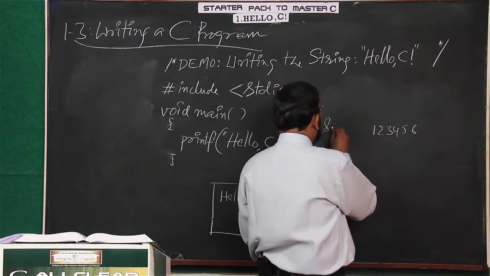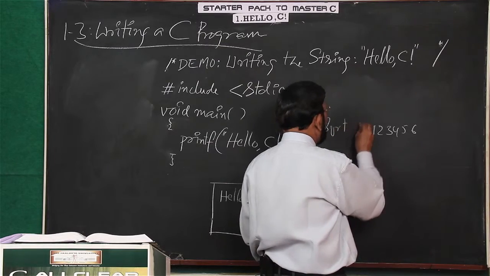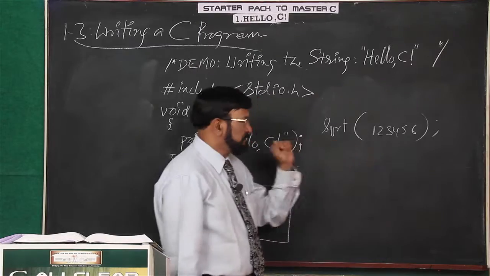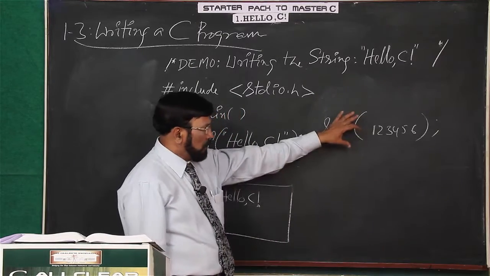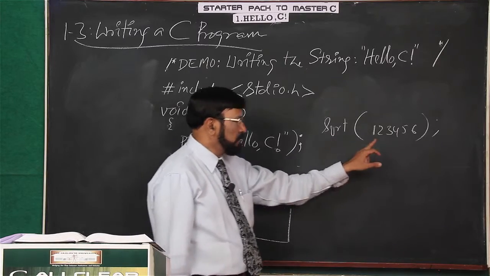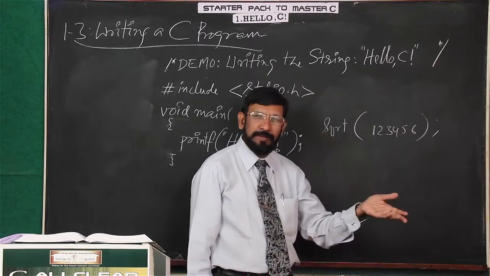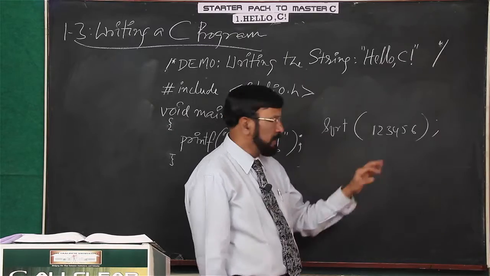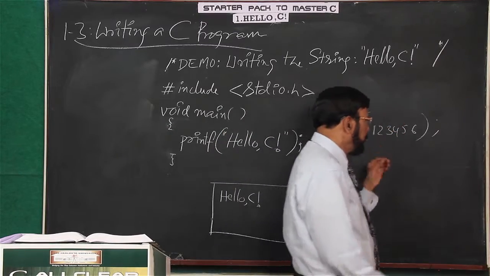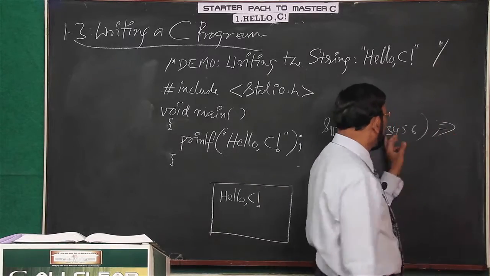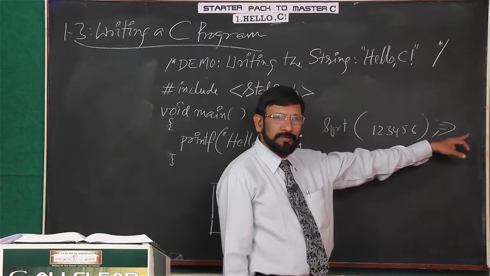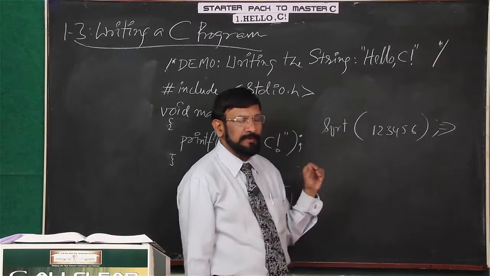Then sqrt, one ready-made function, is provided by the language. If you want to calculate the square root of any number, small or big, you give sqrt the value, and it returns the square root of that value. So, this is a ready-made function.